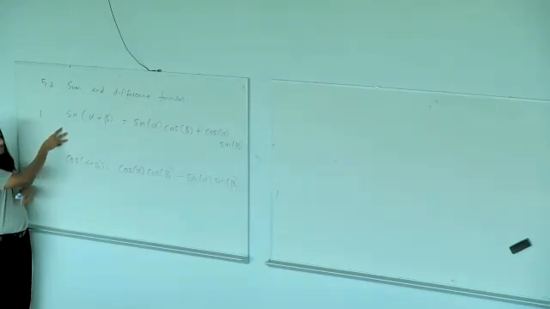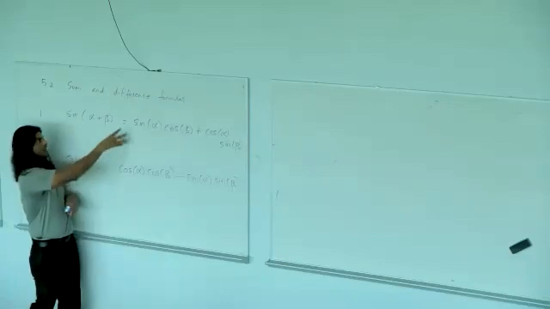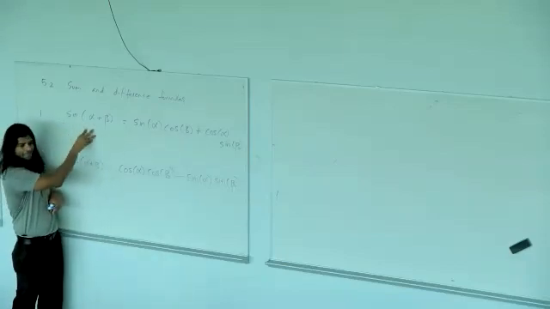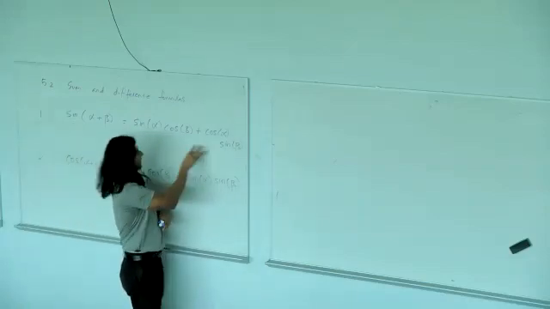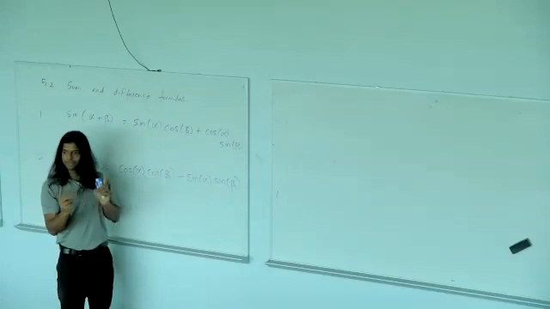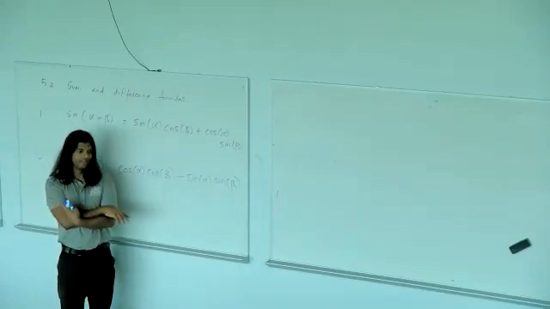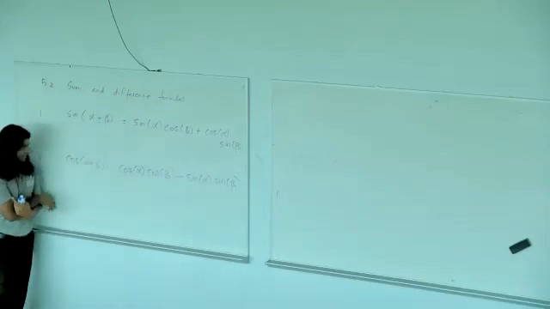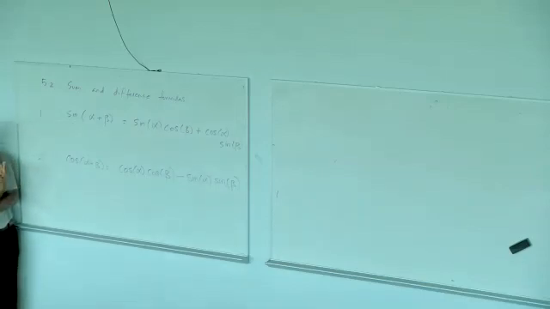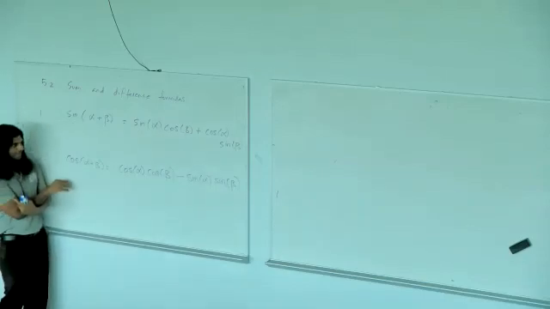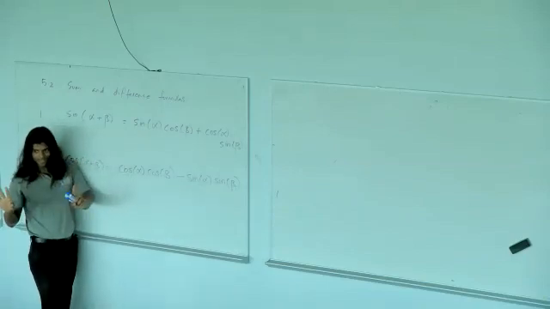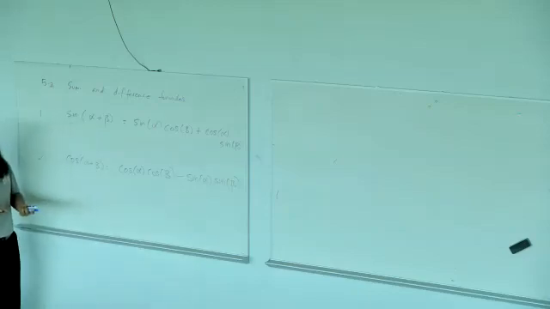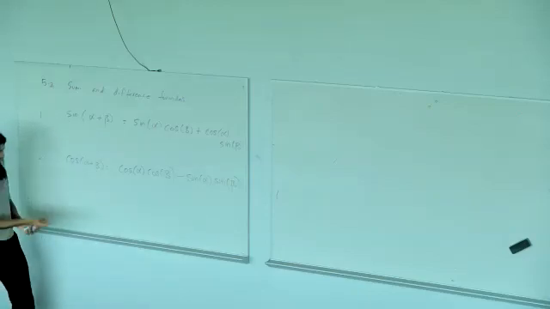When you have sine, think of it as distributing: the first term would be sine alpha, the second term sine beta, and the terms you multiply just swap, cosine beta and cosine alpha. The same logic holds for cosine, but if you distribute, it's informal. You can't really do it, but it's one way to easily remember.